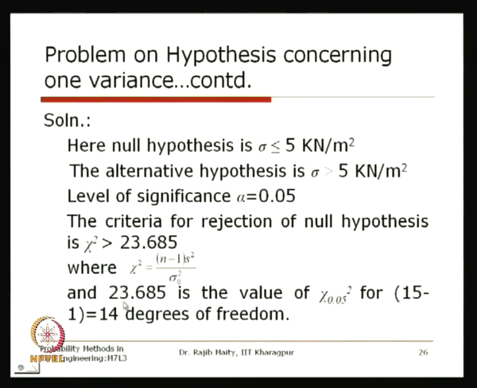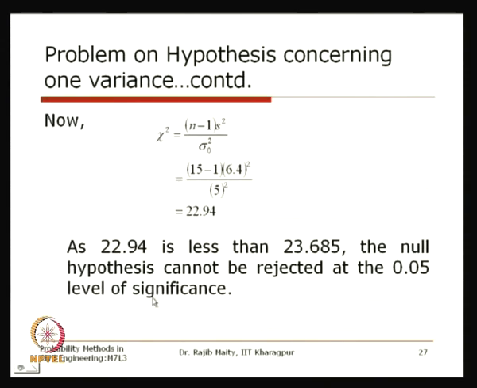So, 23.685 is our critical value, and if we calculate the test statistic with this sample data, it is 15 minus 1 times 6.4 squared divided by 5 squared, and we get 22.94, which is definitely less than our critical value. So, the null hypothesis cannot be rejected at the 0.05 level of significance.